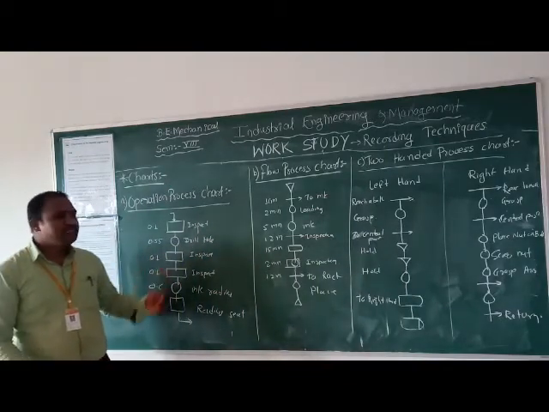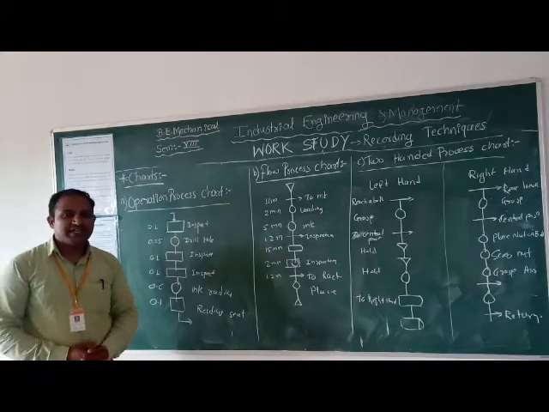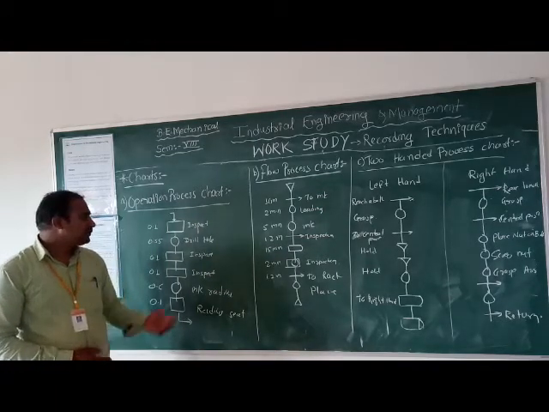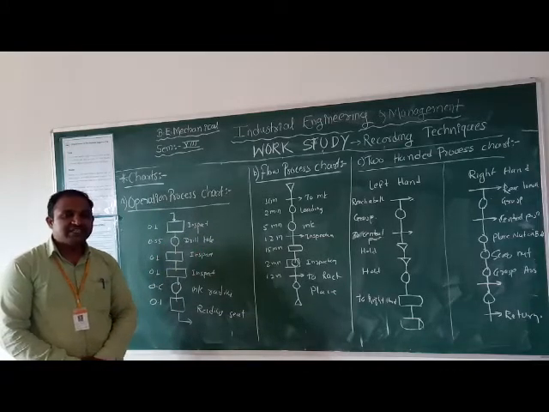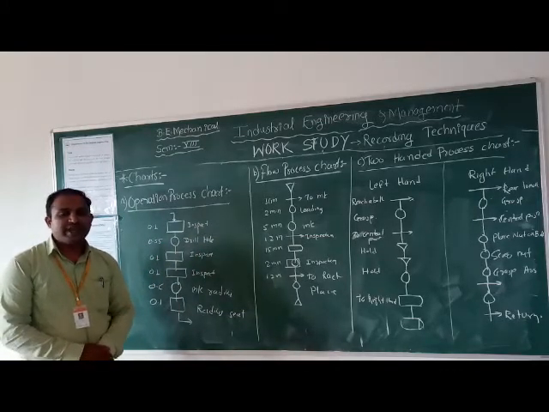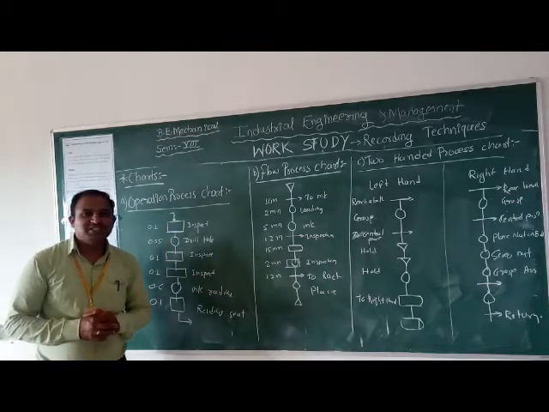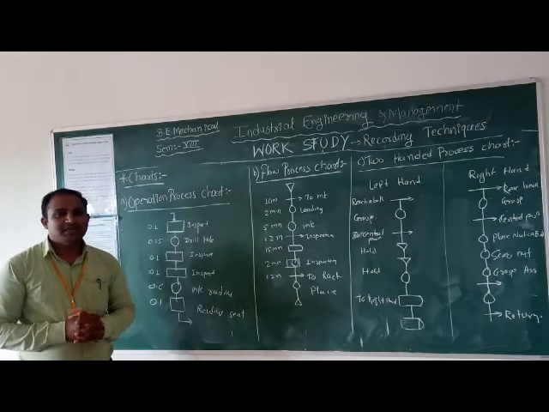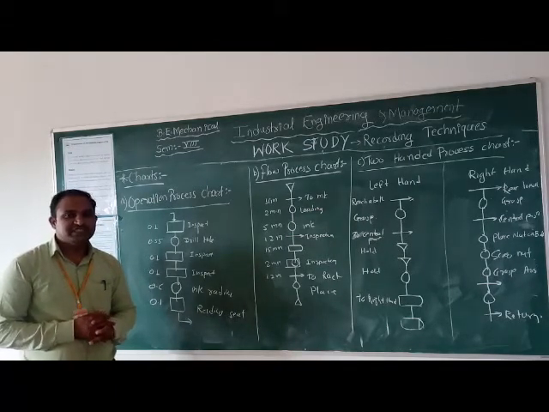First, the operation process chart. In the operation process chart, only two activities, major activities and inspection, are indicated. It is known as a bird's eye view chart because it gives a complete description.